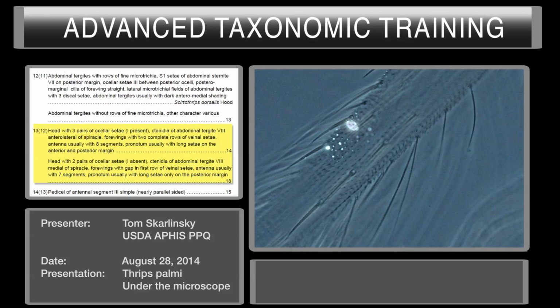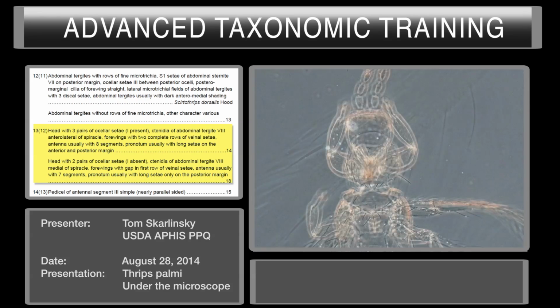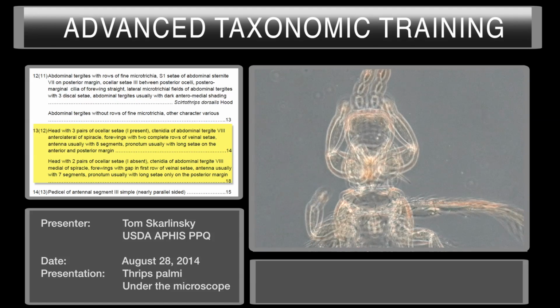And last but not least, let's go ahead and look at the pronotum. We have about 200 times magnification here. And what we're looking for are the long setae, not only on the hind margin of the pronotum, but are they on the anterior margin as well?